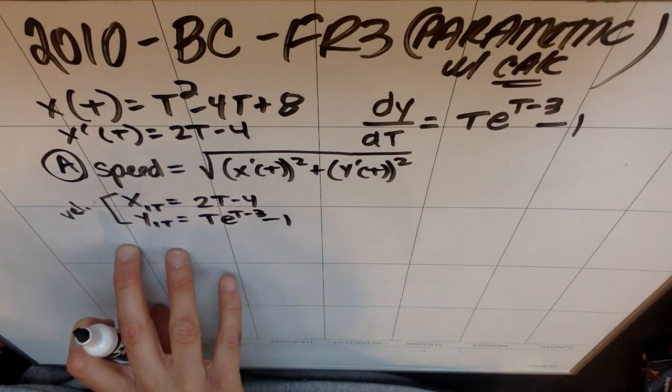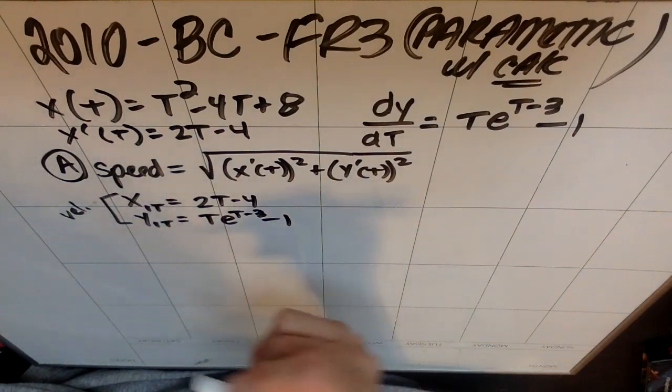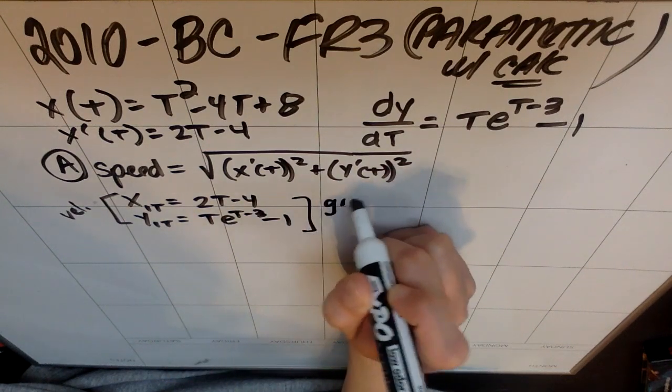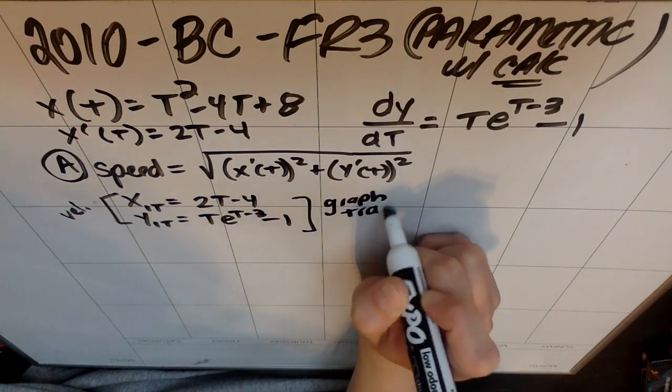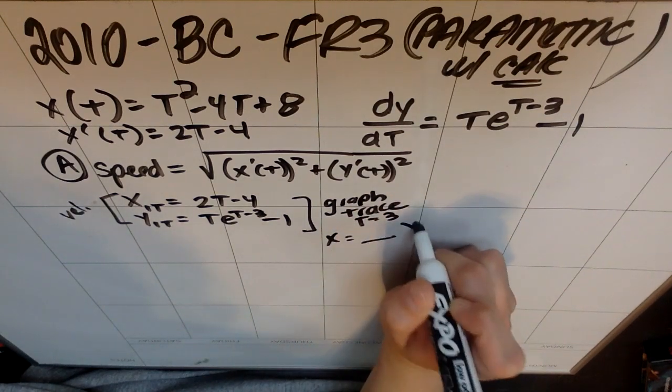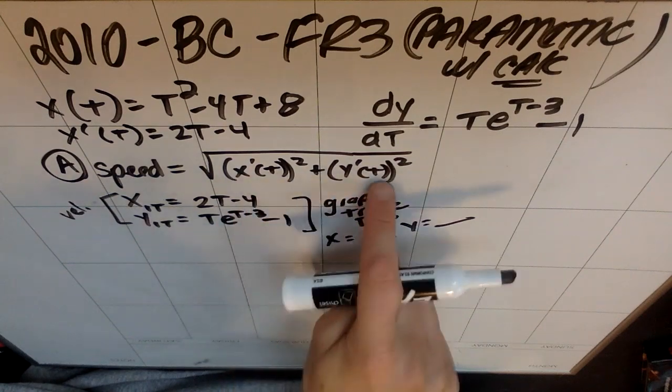I don't think it's super useful to you now, but a trick I showed you in a 2012 video was that if you put this in as your graph and you graph, and then you hit trace and hit t equals 3, then the x and y coordinates that will be stored in your calculator are these two values, right?